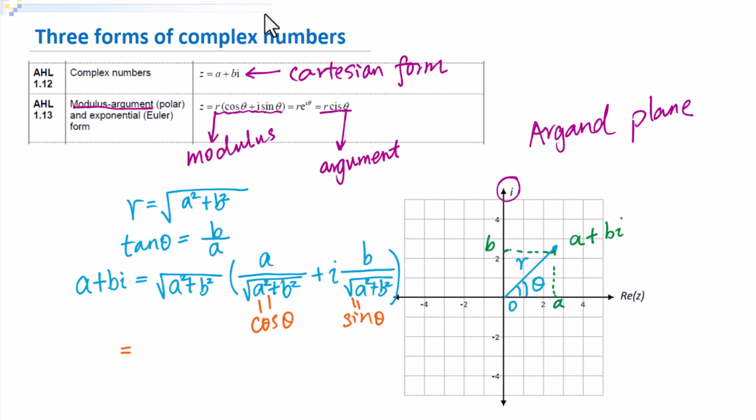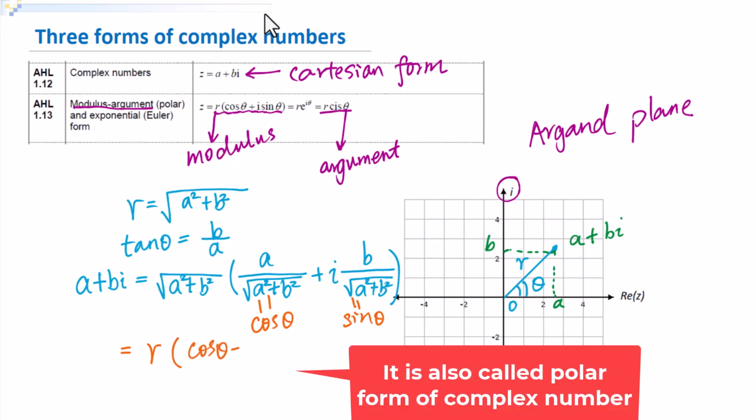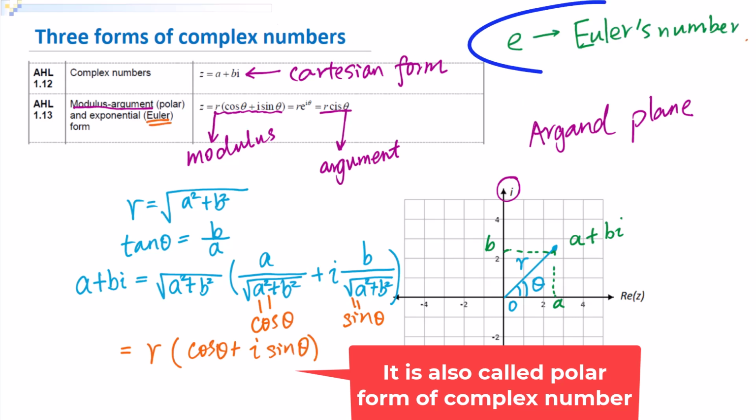So we get r times cosine theta plus i sin theta. We do know e is called Euler's number. Therefore, r times e to the power of i theta is called Euler form of complex number or exponential form.